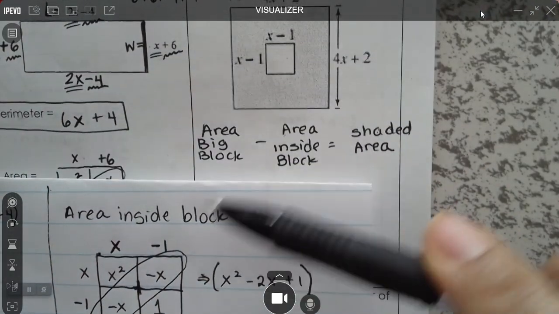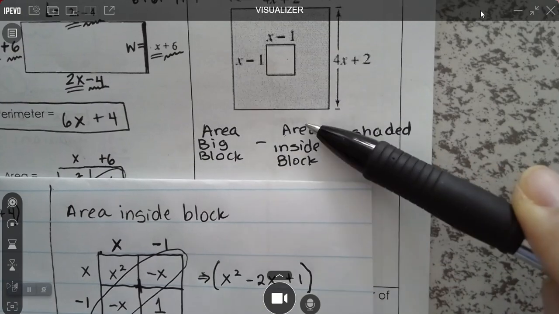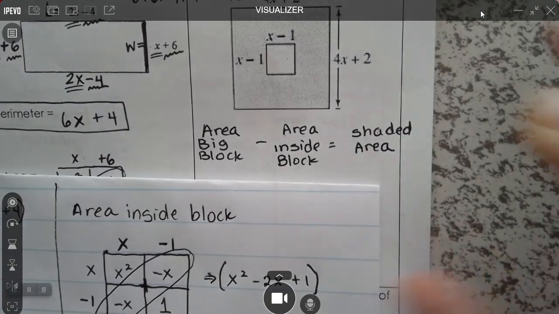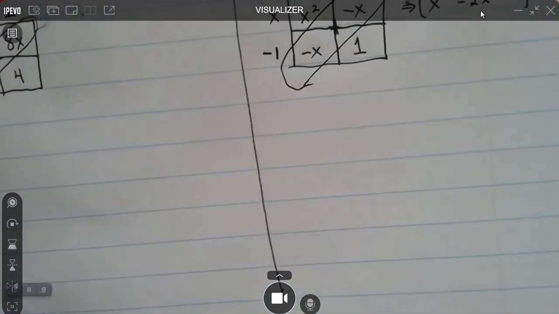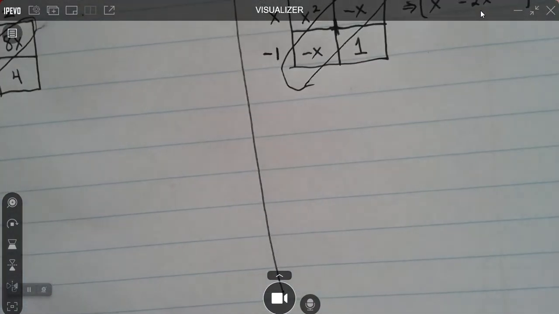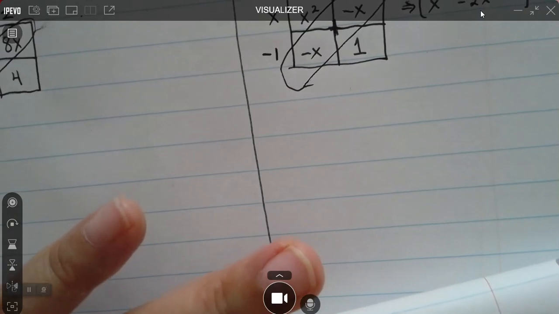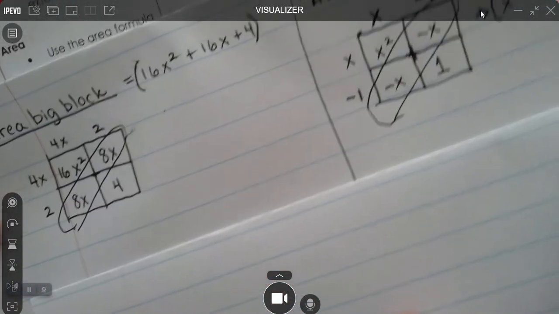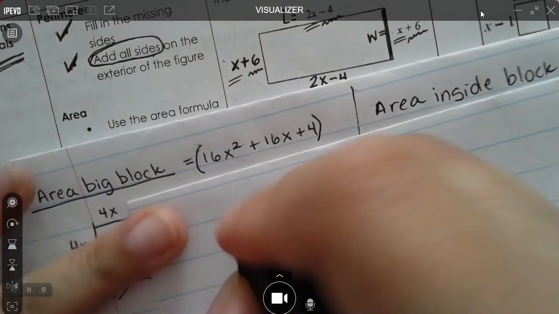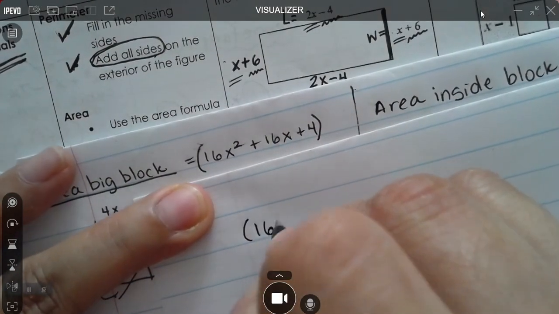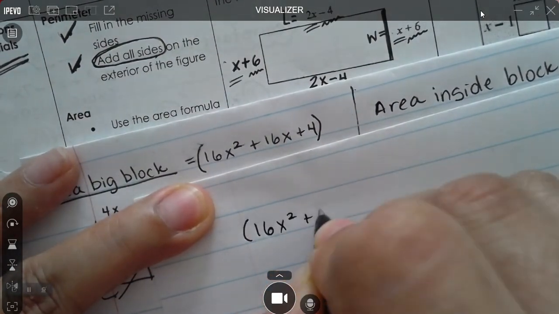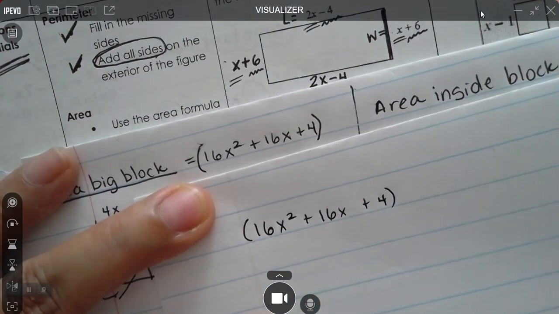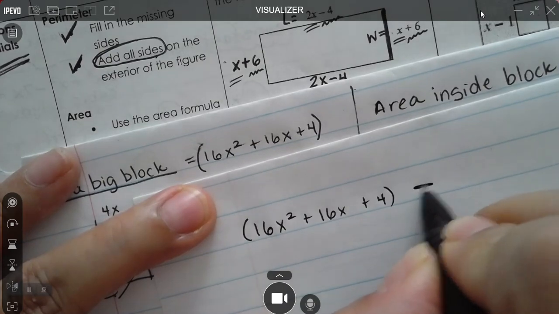So now we need to do the area of the big block and subtract the area of the inside block so that we can get the shaded area, okay? So I'm still on paper. Unlike you guys, I have a nice batch of paper, so here I go. All right, area of the big block. Subtract.